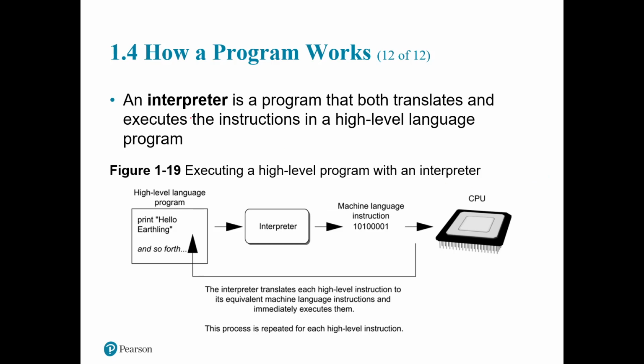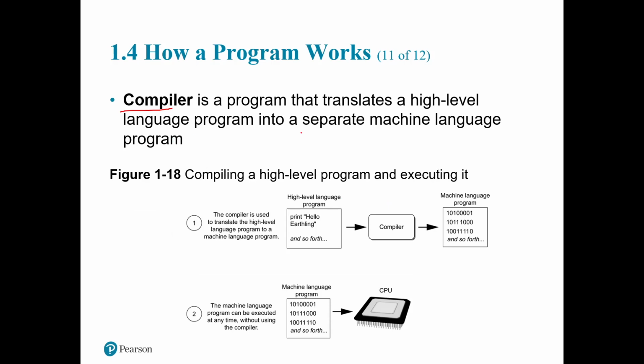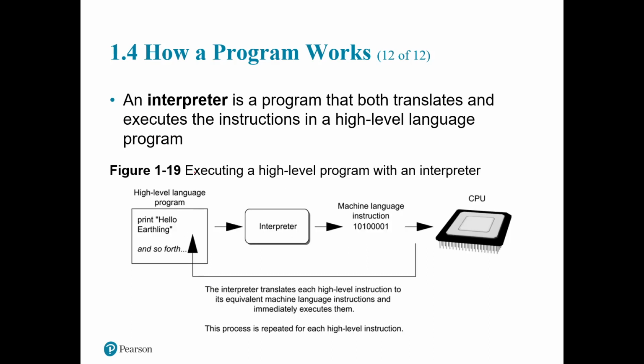However, an interpreter translates and executes the instructions of your high-level language program. So that's the only difference between the two. A compiler only translates and then sends your machine language program somewhere else, and an interpreter both translates and executes those instructions.